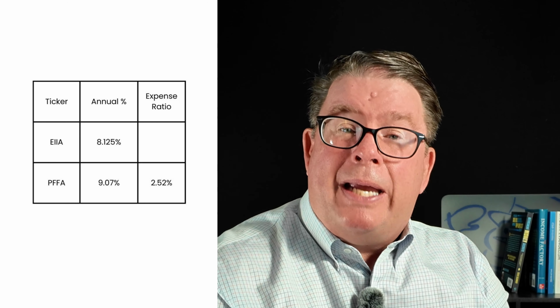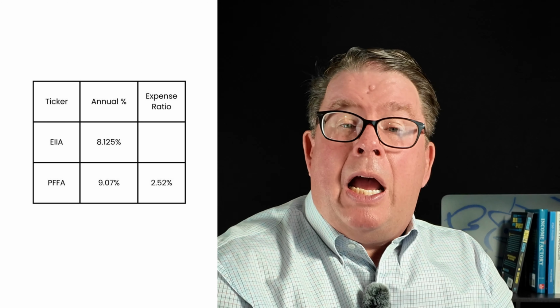The other one that I do hold is EIIA. This is an individual preferred stock. It pays 8.125 at par. And that's something I haven't really got into with everybody. I was able to acquire this individual preferred stock below par, so what I'm actually earning on that money is slightly more than that 8.125.